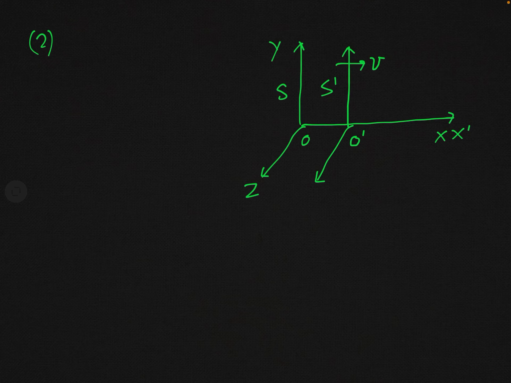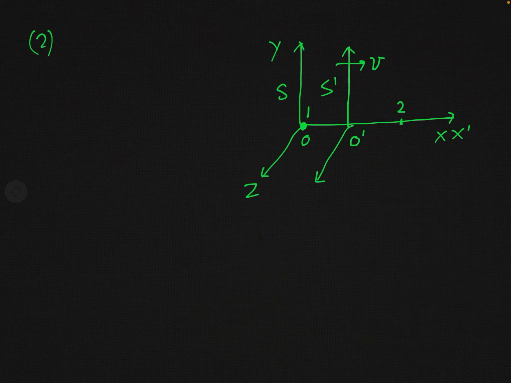And here is the observer of this frame, this is O prime, and now on this x-axis actually the two events are taking place. Let us consider that the first event is taking place at this origin O, and I have marked it as 1. This 1 actually represents the first event. And let us say this is the position where the second event takes place, and I have marked it by 2.